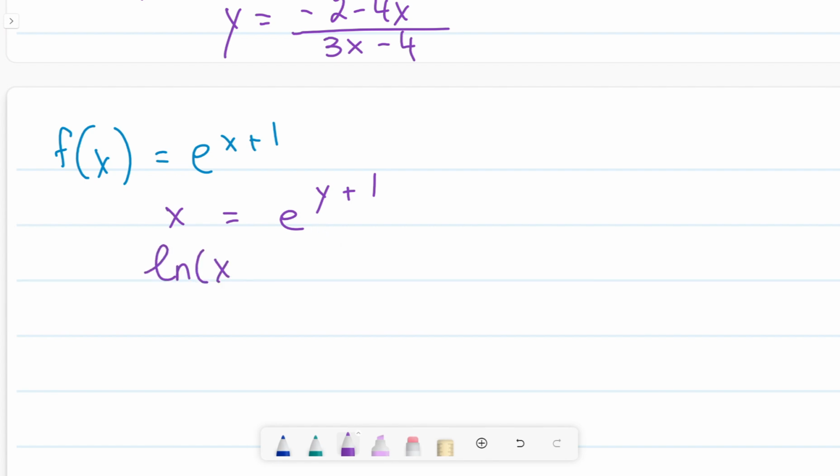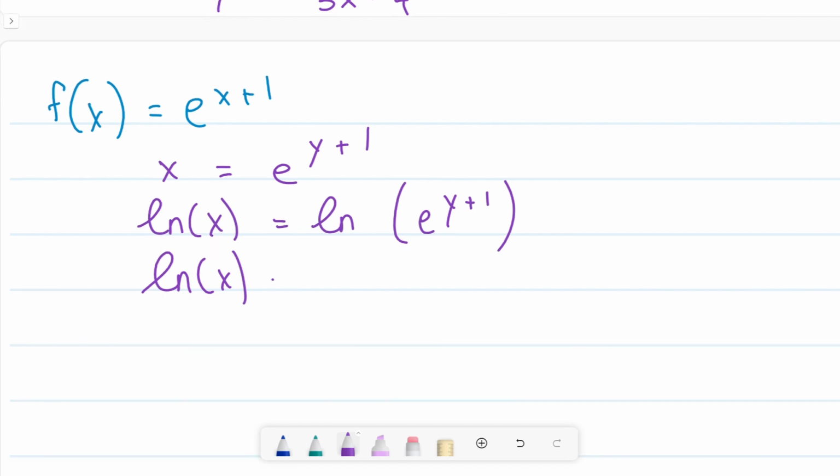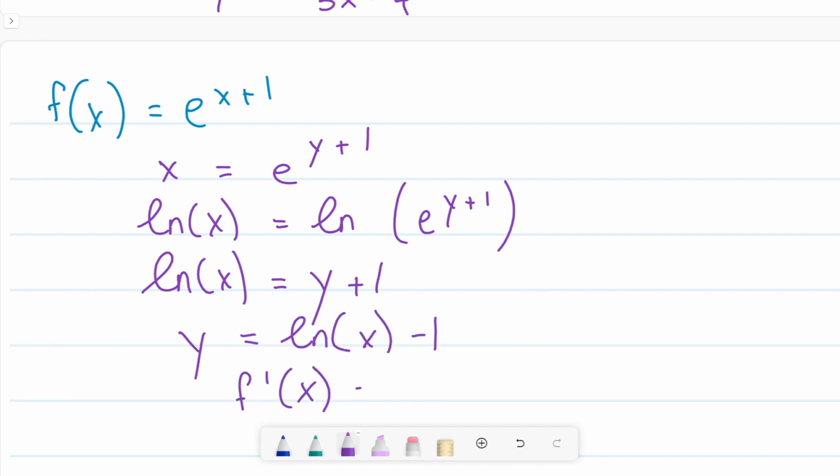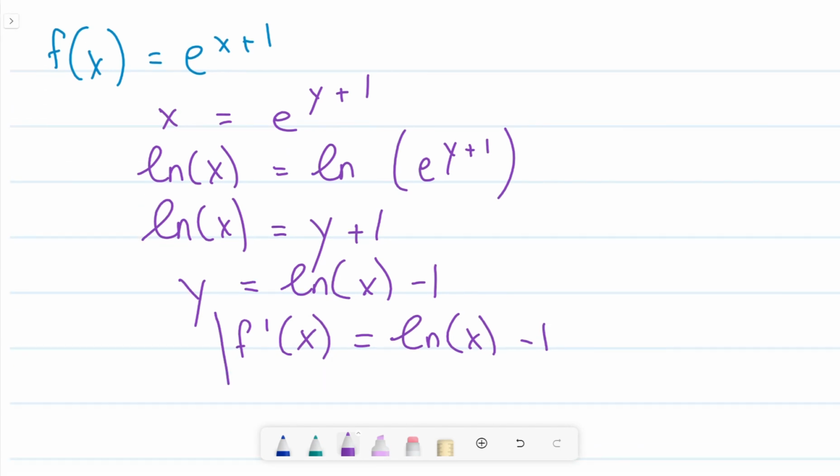So ln of x equals ln of e to the power of y plus 1. When I have ln of e to the power of y plus 1, this simply gives us y plus 1. So y is ln of x minus 1, and I can write this as the inverse of f of x is ln of x minus 1.